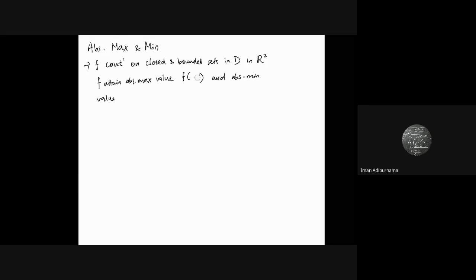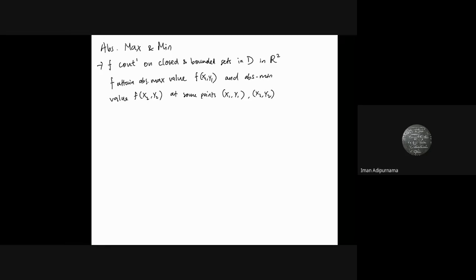Let me make the difference. Okay, so maybe this is 1 and then this is 2, at some point. First, we make the points x1, y1 and x2, y2, also in the domain.